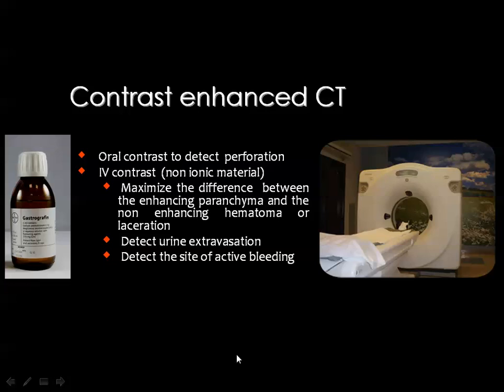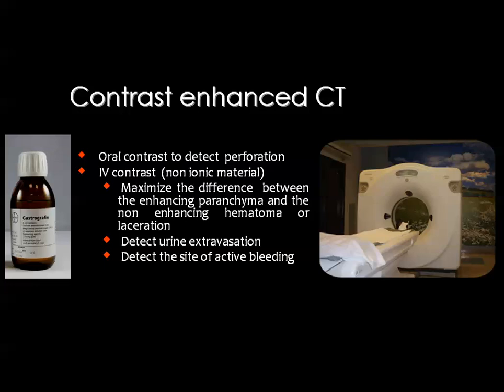Then whenever you are using CT scan for assessment of blunt abdominal trauma, we usually advise giving the patient oral contrast and intravenous contrast. Oral contrast is usually helpful in detection and confirmation of bowel perforation.